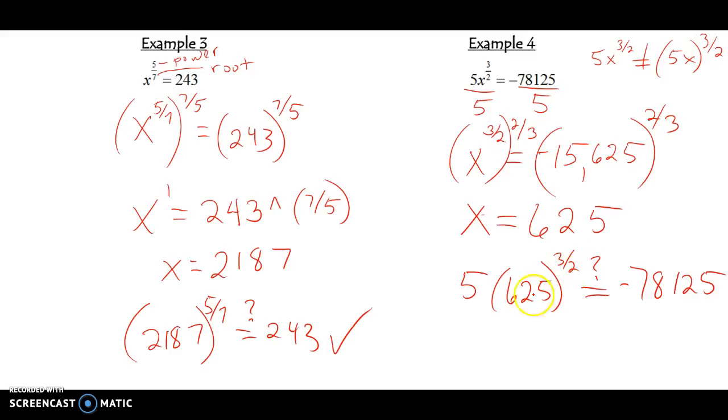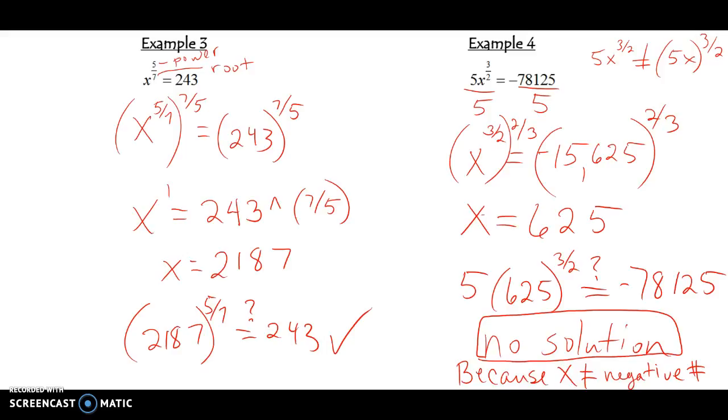In other words, if we think about checking this answer, this would only end up being negative if the square root were negative, and then the 3rd power, so this actually will not even have a solution. Okay, so this example 4 had no solution because x cannot be a negative number.